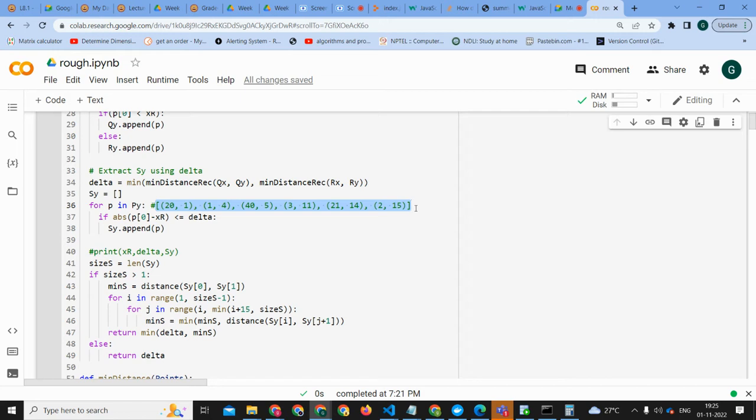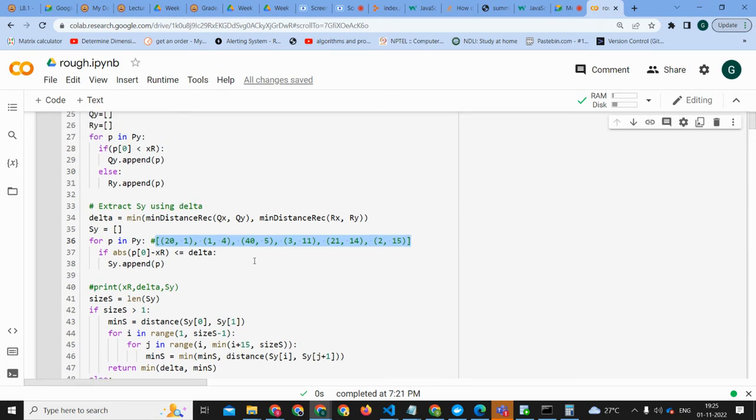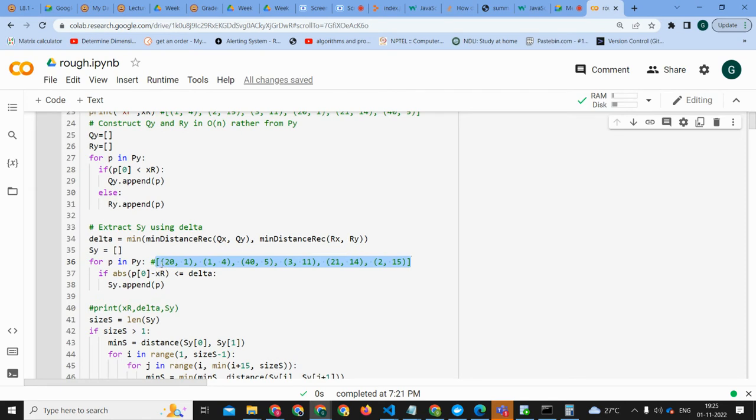Sir, I got it. It's a for loop, for P in PY, that is P is the element in that list. So we are taking the zeroth element of that particular tuple. Exactly, you're perfect. So hope you understood. Okay. So now we have P of 0 is 20.